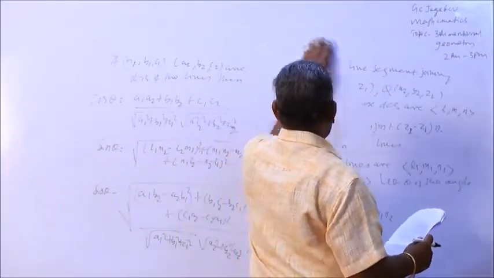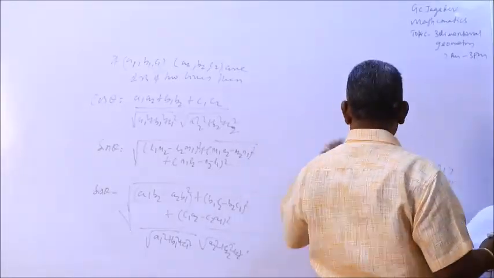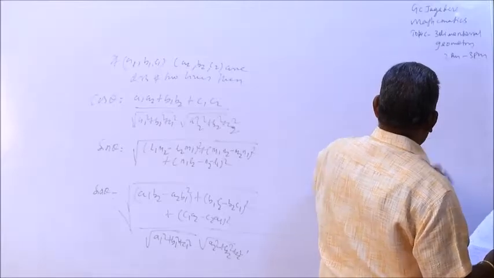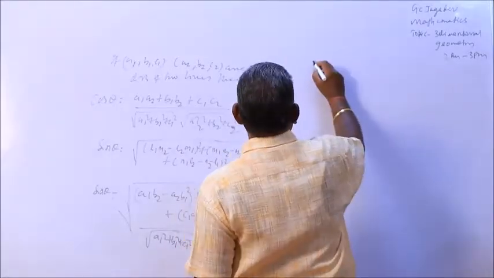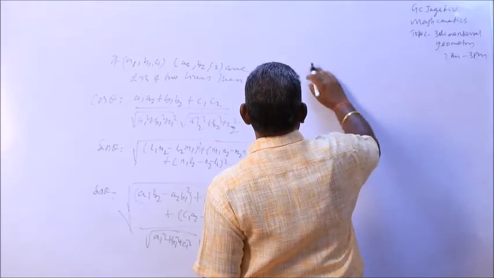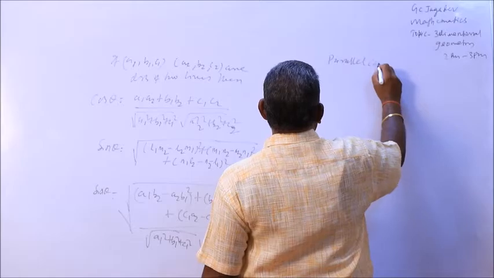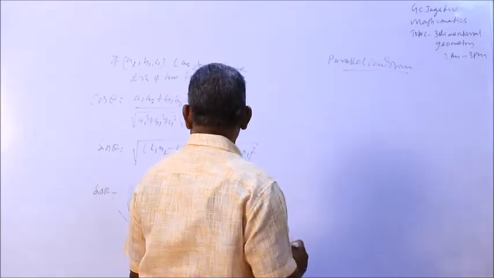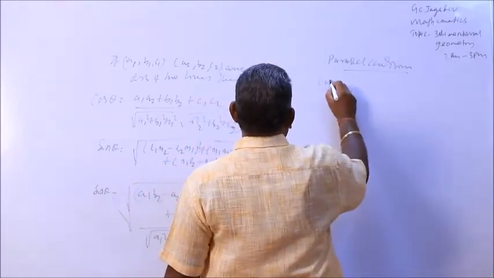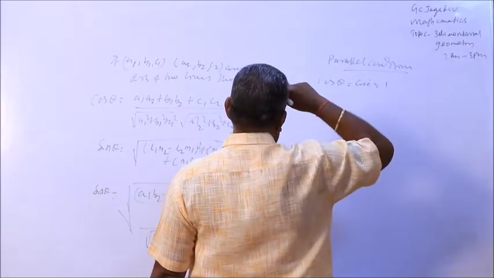For parallel condition, when two lines are parallel, that means the angle between them is in positive axis, your theta will be 0. In that case, parallel condition is when theta equals 0, cos theta equals cos 0 equals 1.